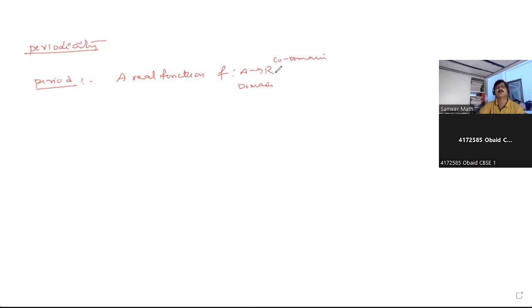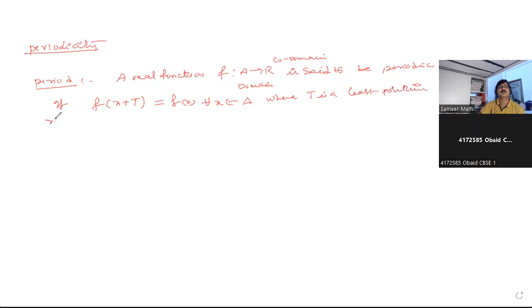A real function f from A to R is said to be periodic, okay, periodic, if f of x plus T, you can say T, P, whatever you want, is equal to f of x for all x belonging to domain A, where T is the least positive real number.